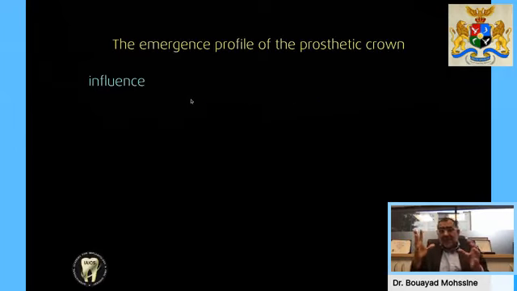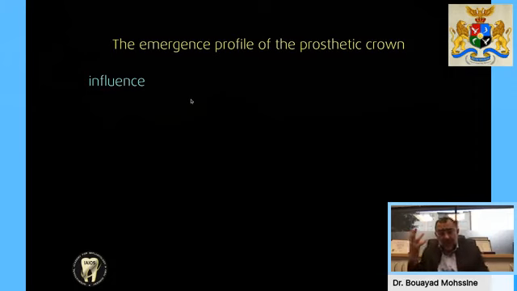And we pass now to the benefit of the temporary crown. We have to recreate a good soft tissue around our implant. We have to create a barrier to avoid peri-implantitis in the second time.